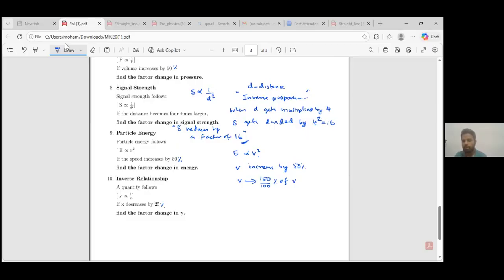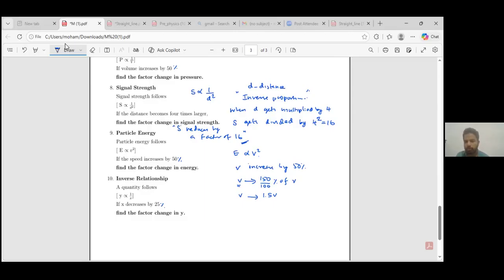So V was the initial value. Once you increase it by 50%, it becomes 150 out of 100 of V, which means it's 1.5 times V. So earlier it was V, now it is 1.5 V, right?